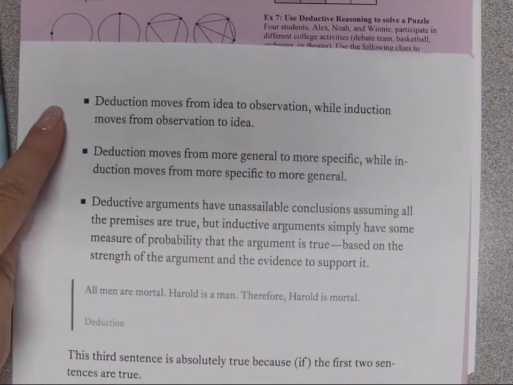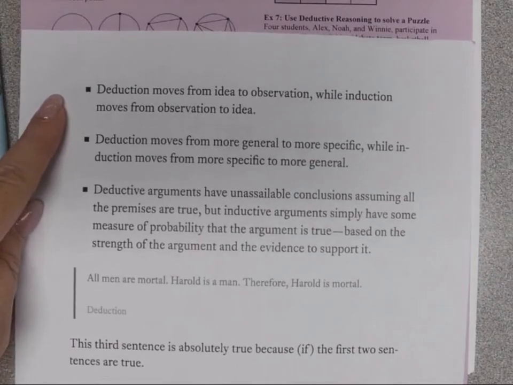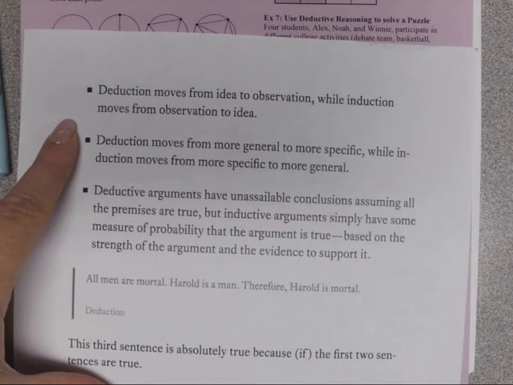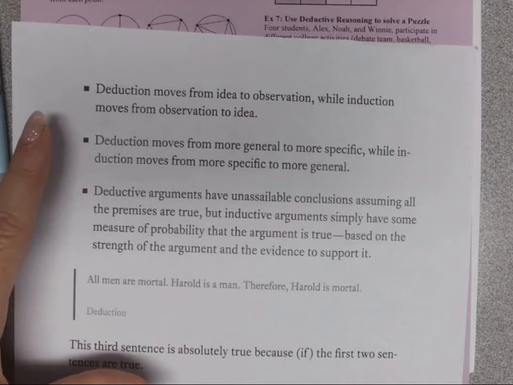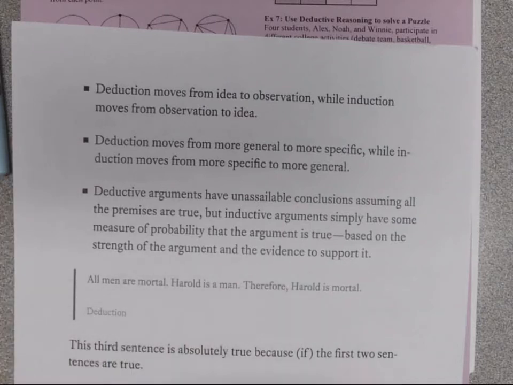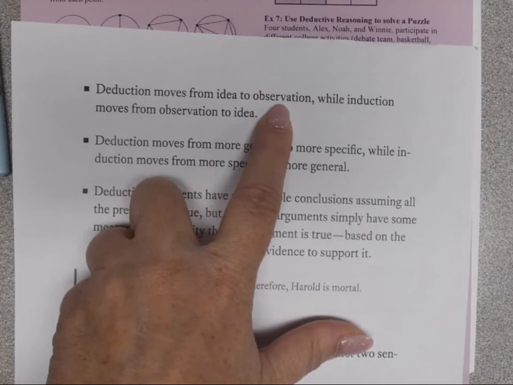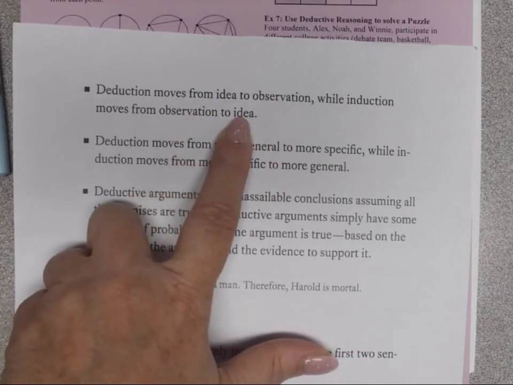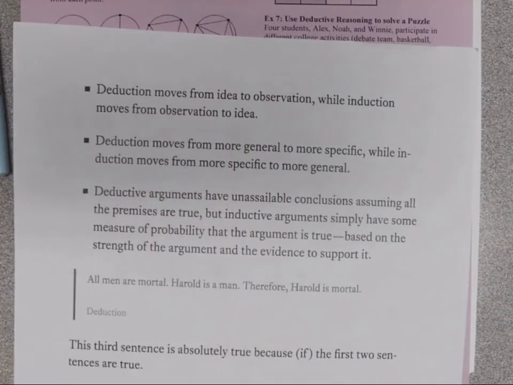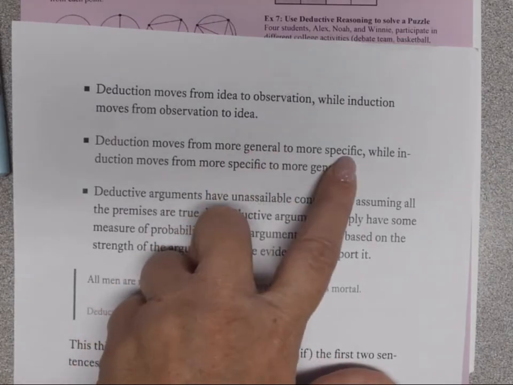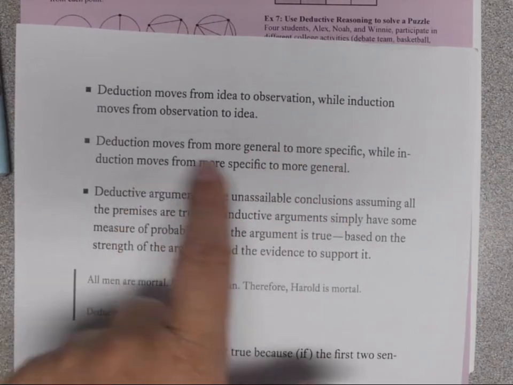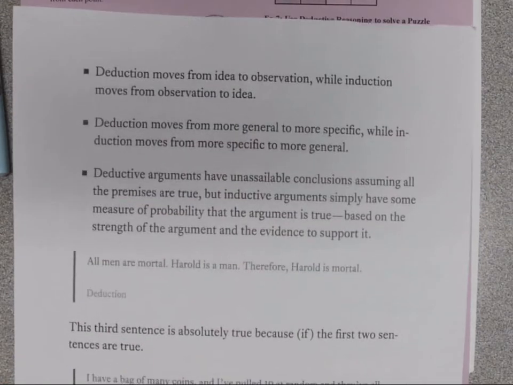Deduction moves from idea to observation, while induction moves from observation to idea. So there's where it's kind of going back. Are they taking an idea and then looking at how it happens, or do they look at how it happens and take it to an idea? Deduction moves from general to more specific, while induction moves from specific to more general.